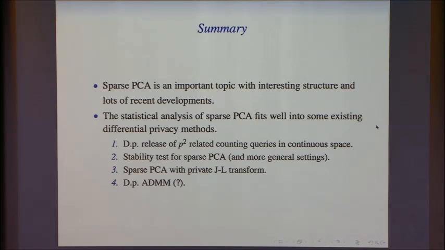Counting queries in continuous space, stability tests for PCA, and maybe if we find some structure we can generalize it to more general settings, private Johnson-Lindenstrauss for the PCA problem, and even a DP ADMM. I really don't have any idea on this, but if we can do that, that would be really, really cool. All right, I'm 2 minutes over time. Thank you for your attention.